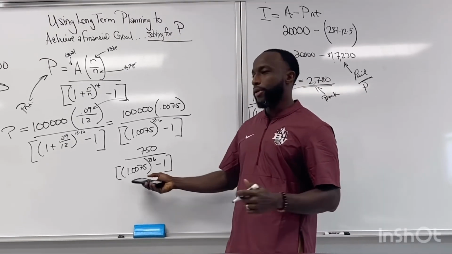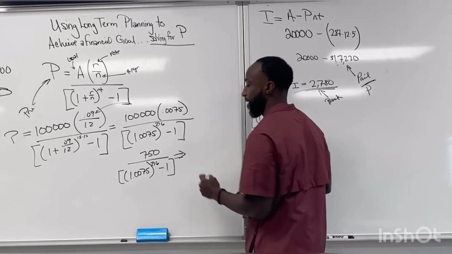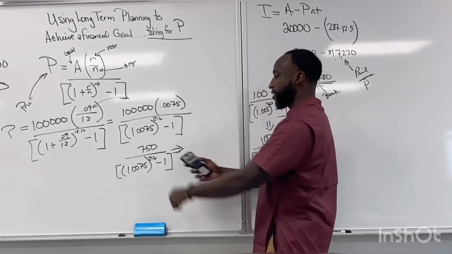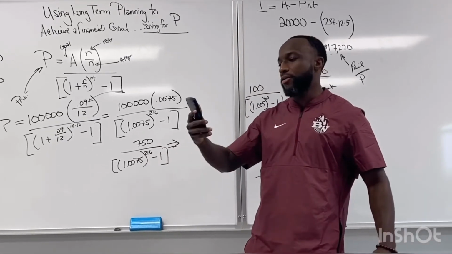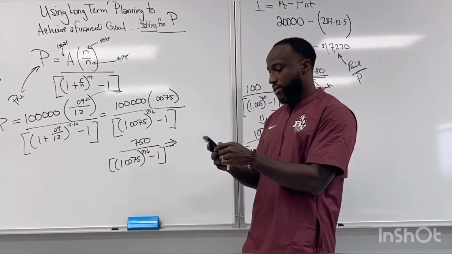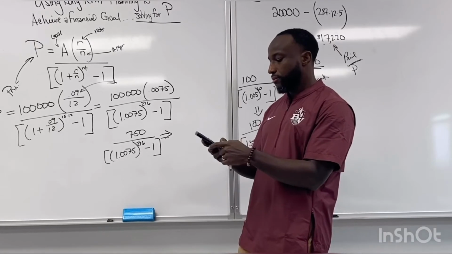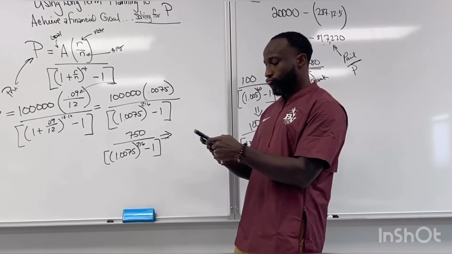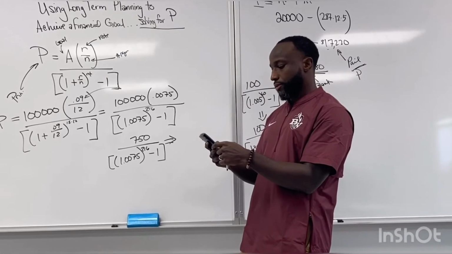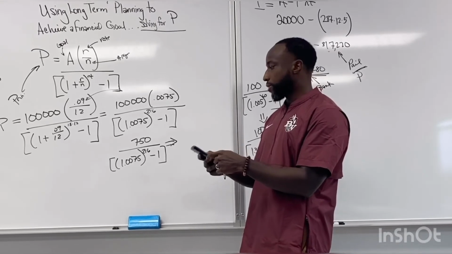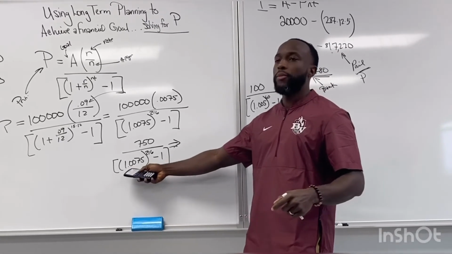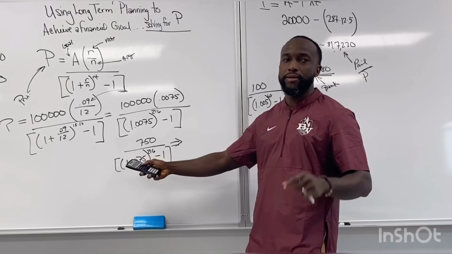Alright, so we have to break this down though. 1.0075 raised to the 216 power gives us 5 point something.